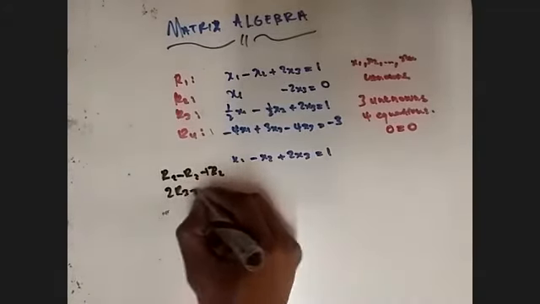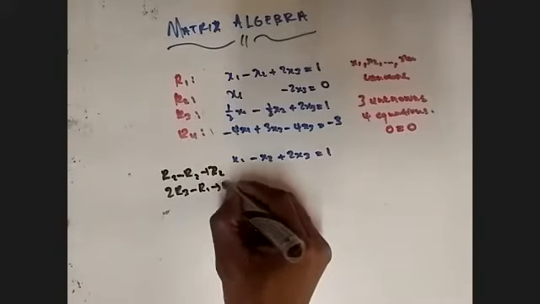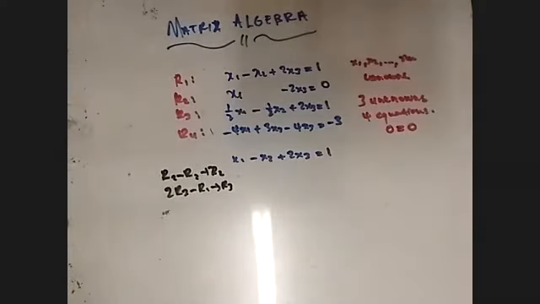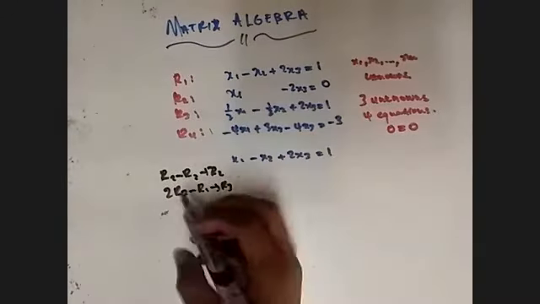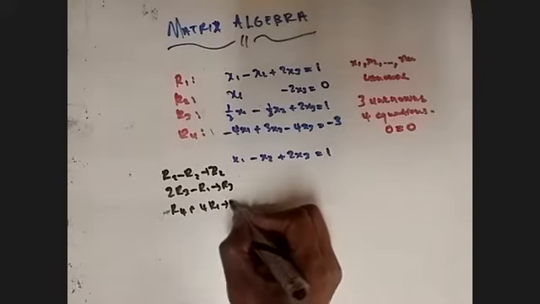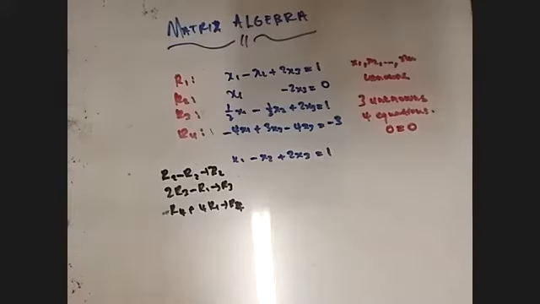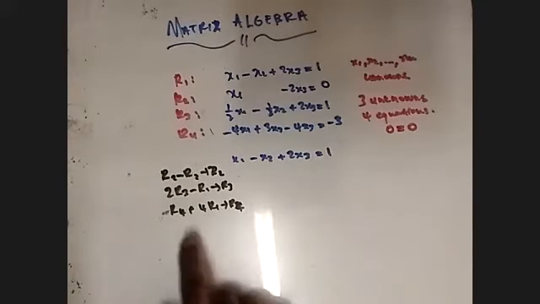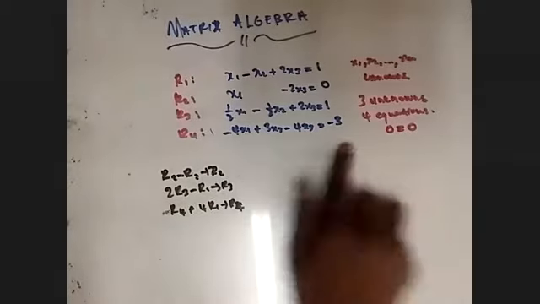And then what do you think we should do for R4? R4 is negative, so I can just multiply R1 by 4 and add. So I'm going to have R4 plus 4 times R1. This should give me R4.